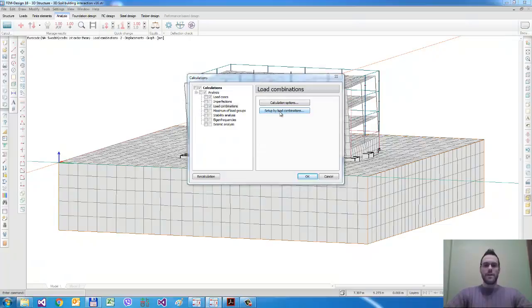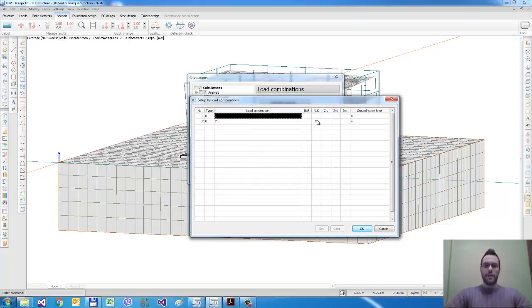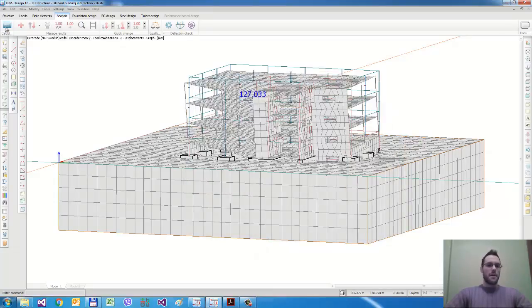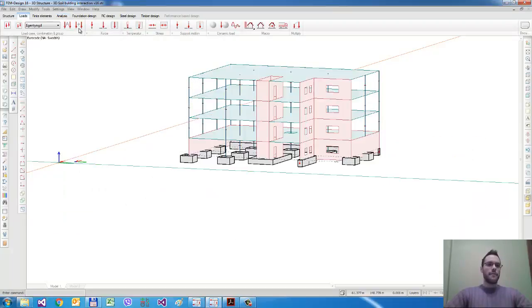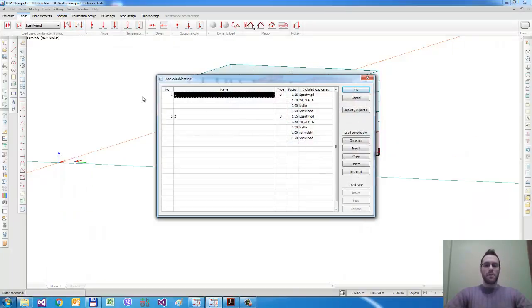Here we can check in the table that at the second load combination we apply the nonlinear soil calculation. So this is checked in. But there are quite different load cases in the load combination. I said earlier that the results will be the same, but for the nonlinear load combination we need to apply the load case which includes the soil self-weight.